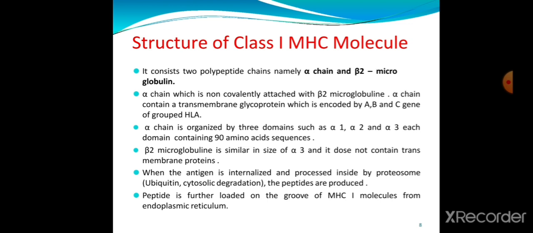The alpha chain contains a transmembrane glycoprotein encoded by A, B and C genes of the HLA group. The alpha chain is organized into three domains, alpha 1, alpha 2 and alpha 3, each domain containing about 90 amino acids.